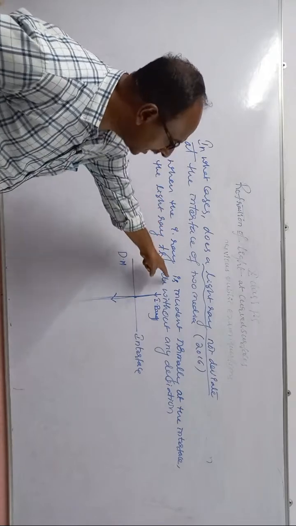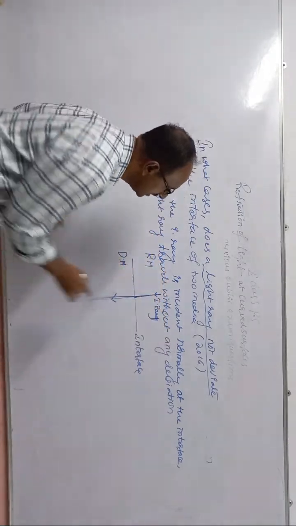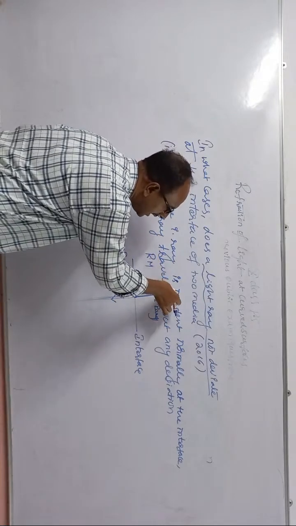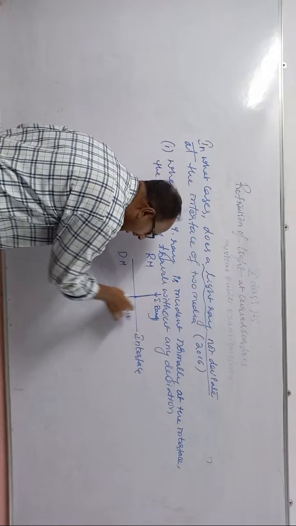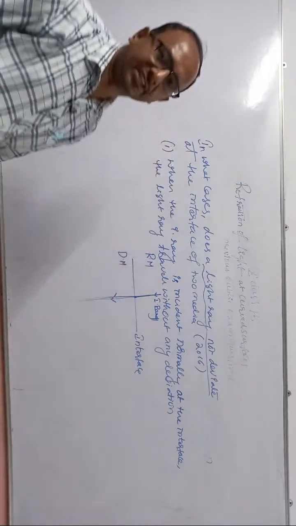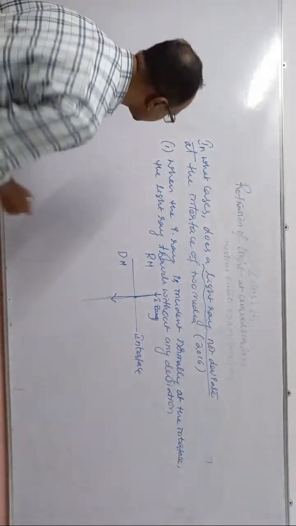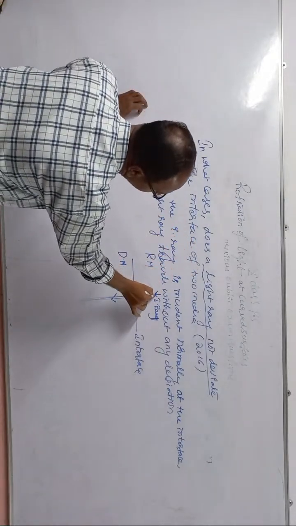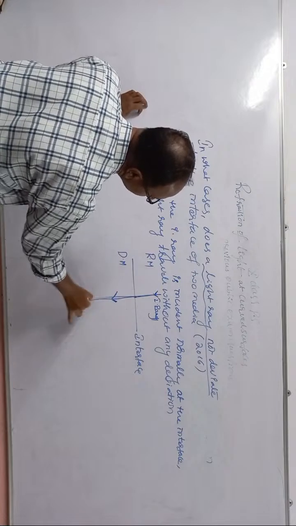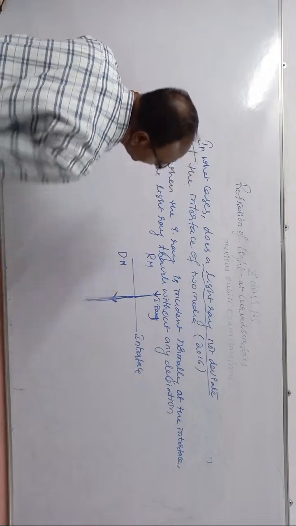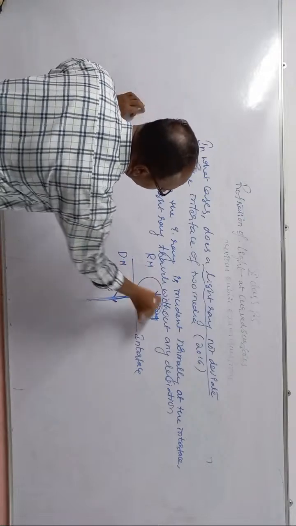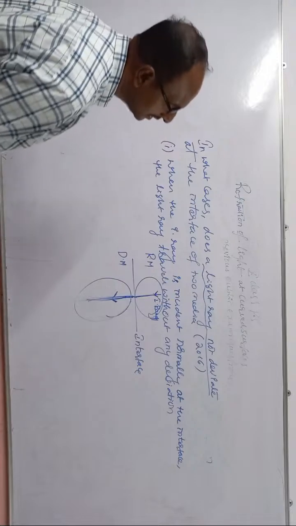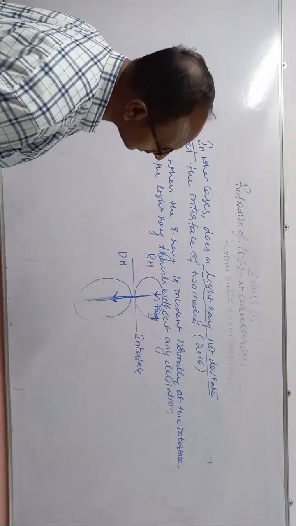So when the incident ray is incident normally at the interface, that means along the normal line, it travels straight without any deviation. So this is the one case. The arrow marks must be mentioned: incident ray, and this is a refracted ray without any deviation. Here it is a rarer medium and this is a denser medium. No bending of the light ray takes place because it is incident normally at the interface.